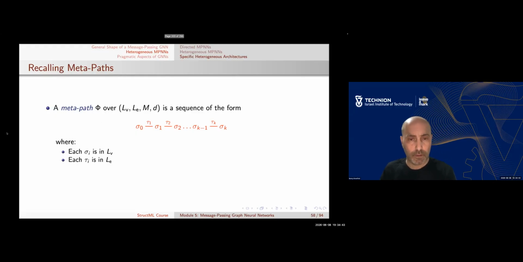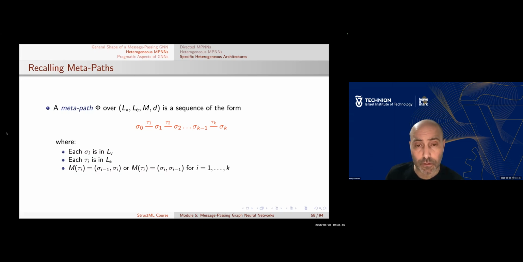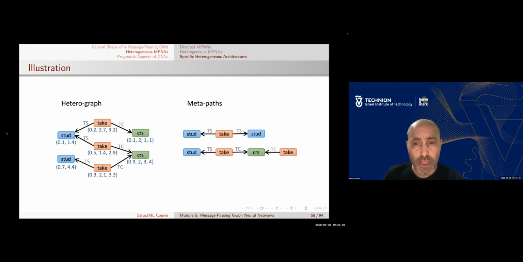This is the definition that we've been using previously. And this is the usual example that I give. This is a heterograph and these are two metapaths, and we can see different paths of the heterograph corresponding to each of these metapaths.